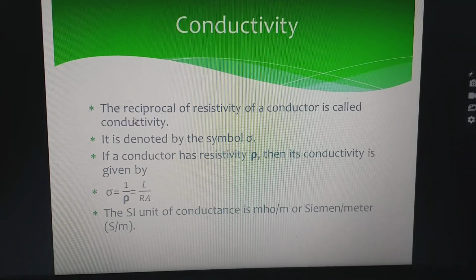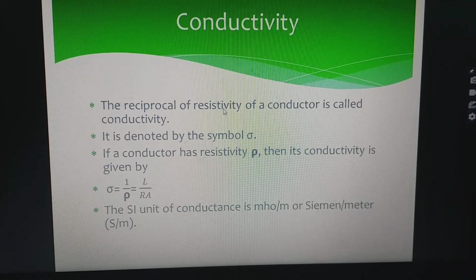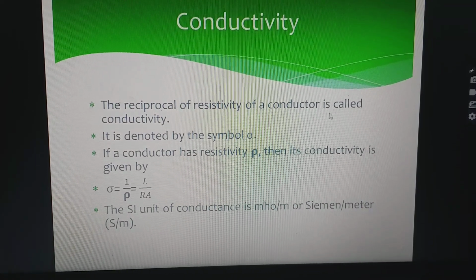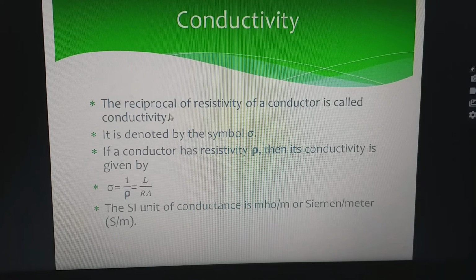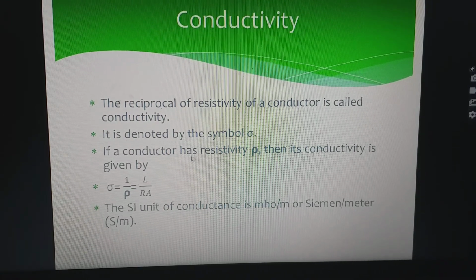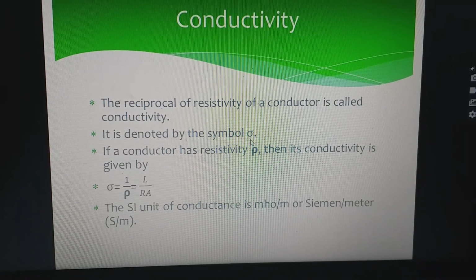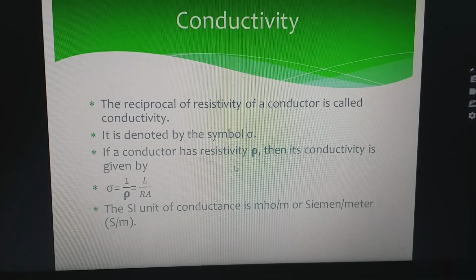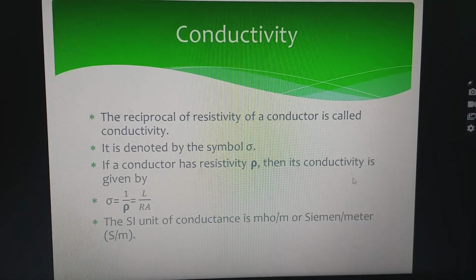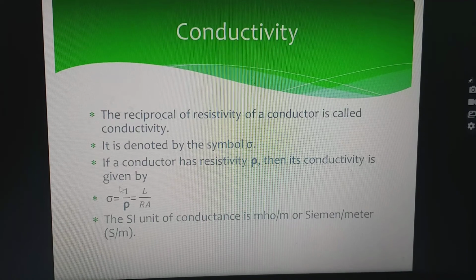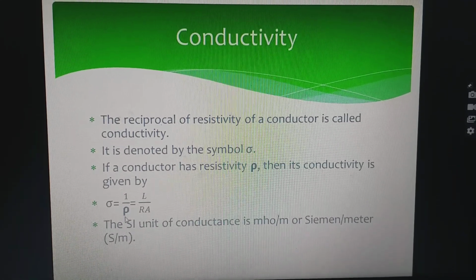Conductivity. The reciprocal of resistivity of a conductor is called conductivity. Symbolically, it is represented by sigma. If a conductor has resistivity rho, then its conductivity is given by sigma is equal to 1 over rho.